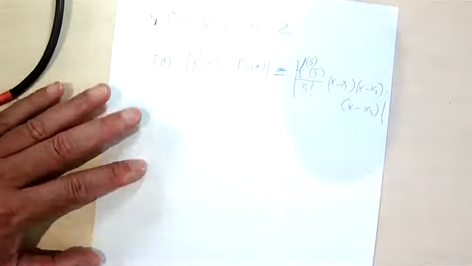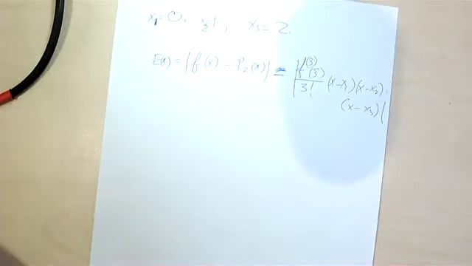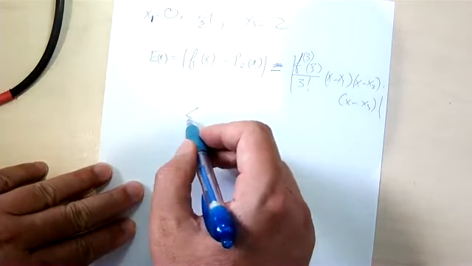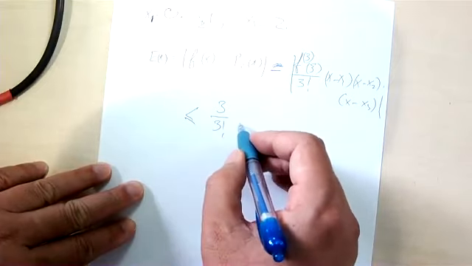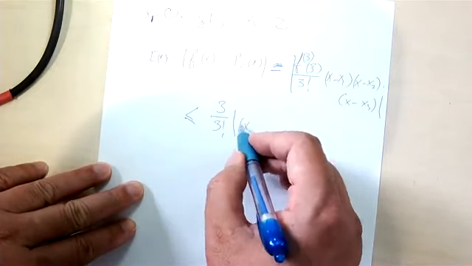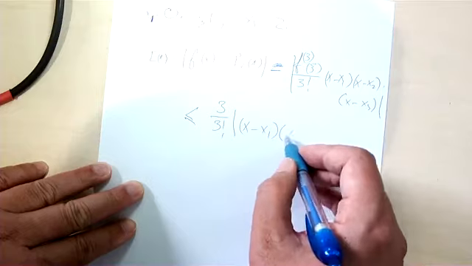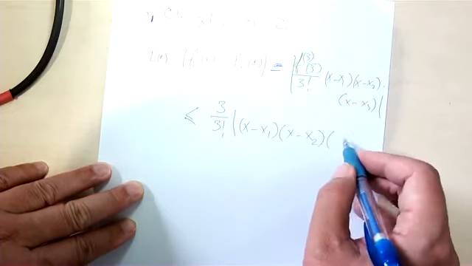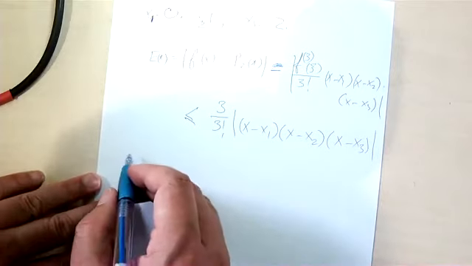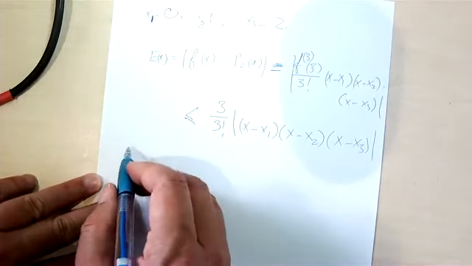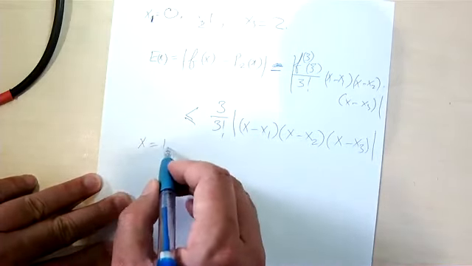And remember, because we assume that the third derivative, the derivative of order 3, is always less than or equal to 3, you say that is always less than or equal to 3 over 3 factorial, then (x minus x1)(x minus x2)(x minus x3). And now the question says, what happens when you put x equal 1.5?